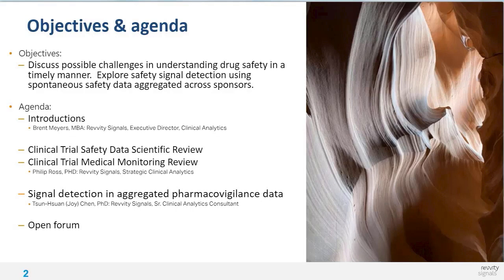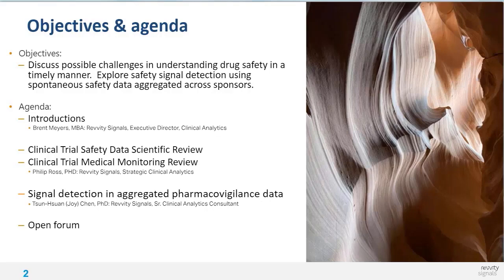So, we've got a great lineup of folks. First, we'll hear from Philip Ross on active safety data review, think of EDC and other safety case analysis, and how to best track and get access to those data and make them adaptive and relevant to your questions and your particular role.